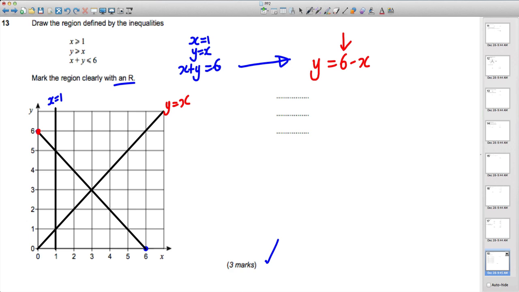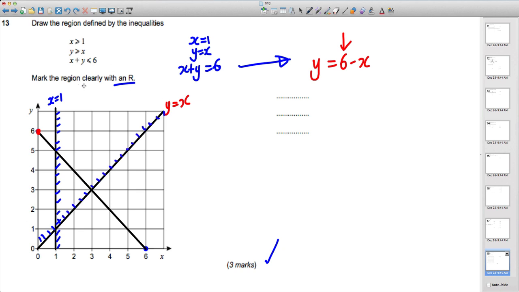Now let's think what we want here. We want x to be bigger than 1, so we want this side of the line. Anything this side of the line is x bigger than 1, right? So just do that to mark it out for yourself. We want y to be bigger than x, so for example, if this is y equals x, here the y number's 5, the x number's 4, anything this side is y bigger than or equal to x, so we want that there.